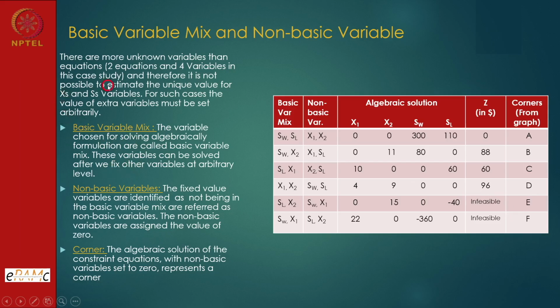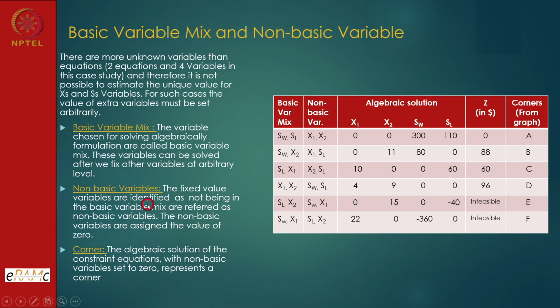As I mentioned, what is a basic variable, what is a non-basic variable, and what is a corner? The variables chosen for solving the algebraic formulation are called basic variables, a basic variable mix. That means it is not a single variable; there are two variables. So what combination have we taken to solve this problem? And what is a non-basic variable?